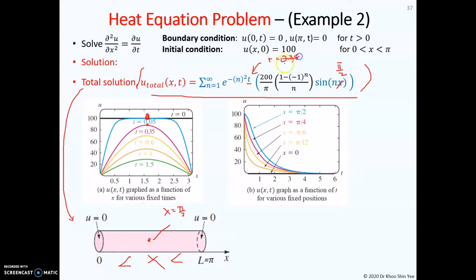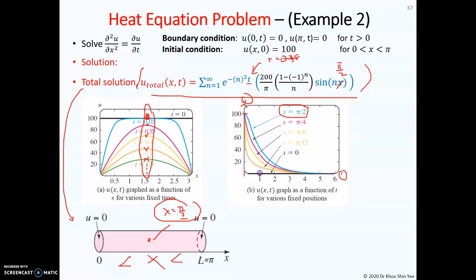You can continue to substitute t equal to 0.6, 1, 1.5, and so on, in order to obtain the temperature change over time at x equal to pi over 2 here. So if you plot the temperature change with respect to time for the point pi over 2 only, then at t equal to 0, you have 100.